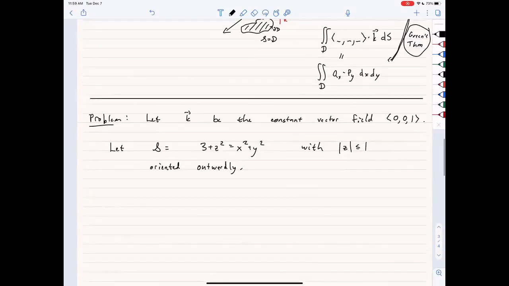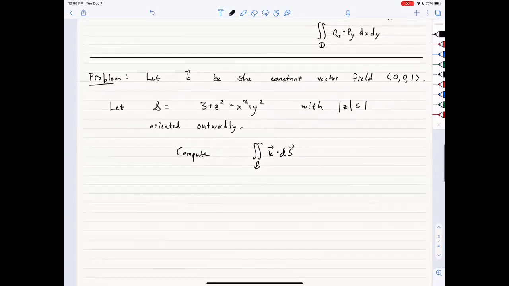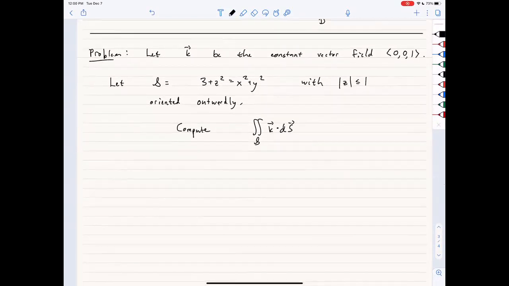Okay, let's compute a vector surface integral. We'll take our vector field k, and we'll compute that. Solution.